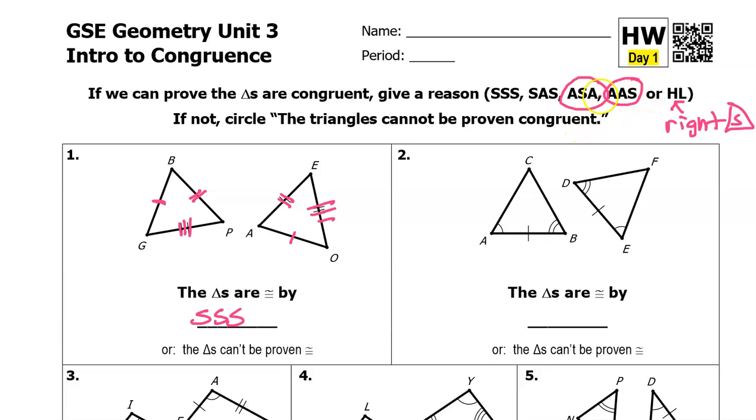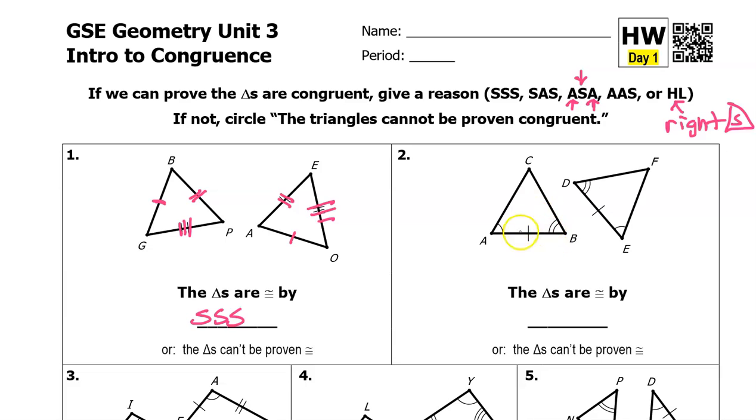Well, the key is this. When you look at the statement angle, side, angle, notice how the S is in between the 2 A's. In other words, notice that the side is between the 2 angles.